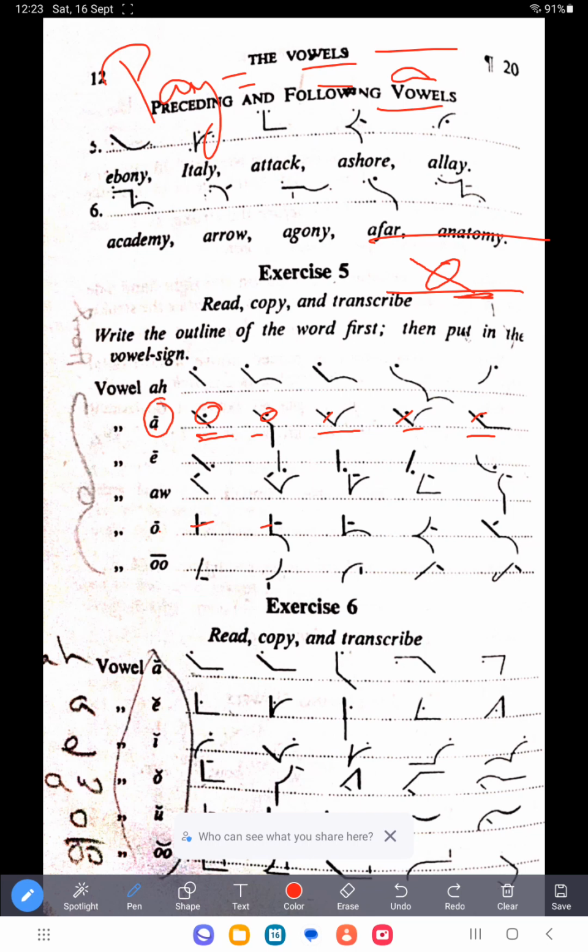Now you decide the sound which is A, is it coming before P or after P? It clearly sounds that A sound is coming after P. Just represent A with a dot, that is after P. It means towards your right hand side. Now how to read this? P, A, that becomes a word called pay.